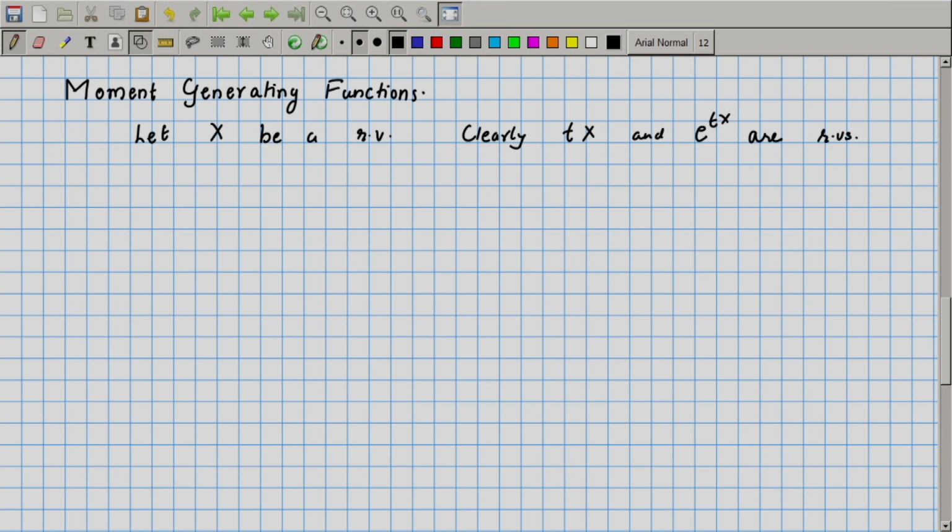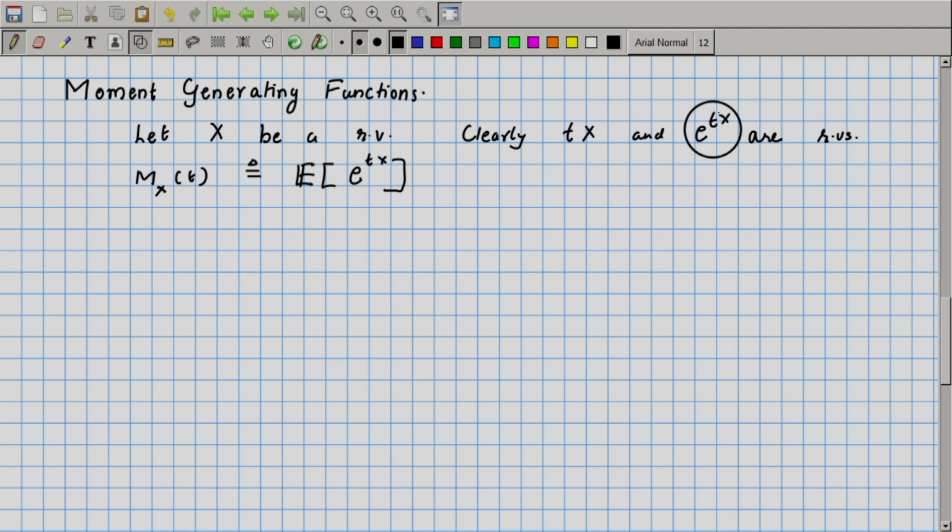So, we can compute the expectation of e raised to t x. The moment generating function of this variable x is defined as the expectation of e raised to t x. Note that the moment generating function is a function of a variable t.